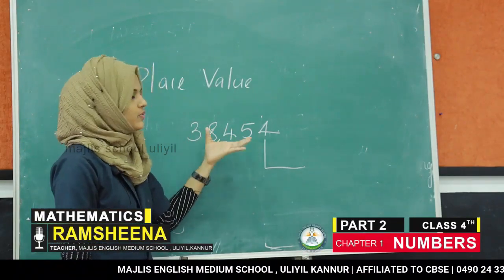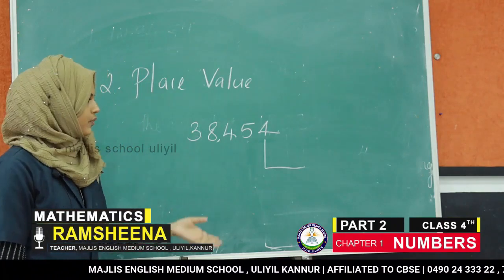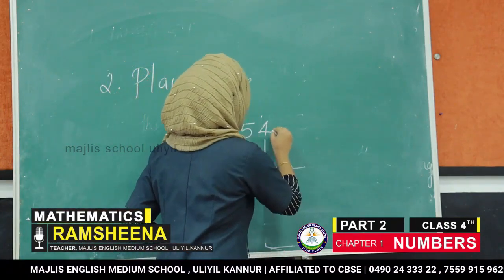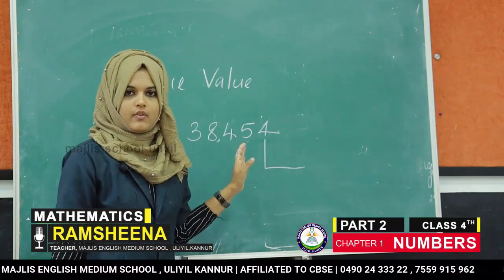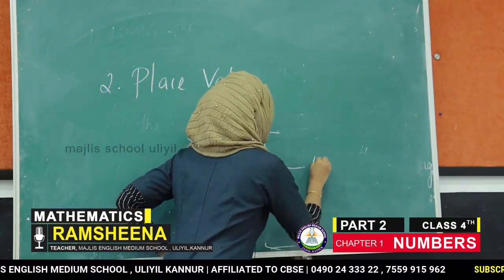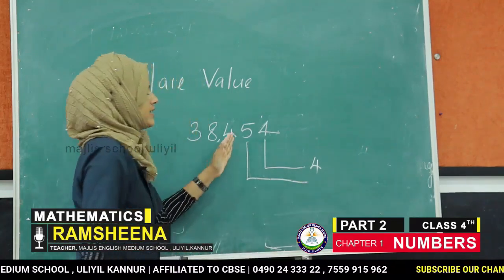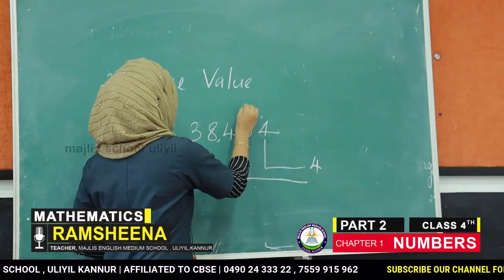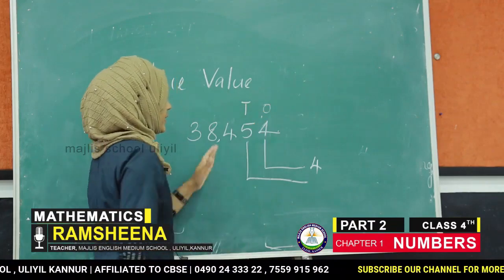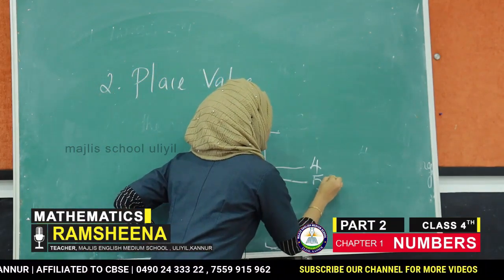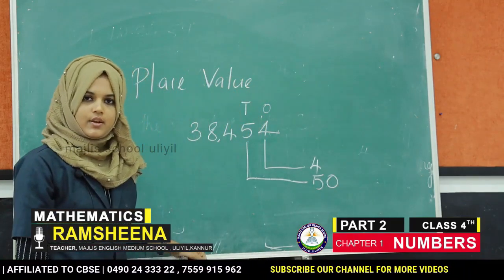First number 4. 4 stands in ones place. So the value of 4 is only 4. Okay. Then next 5. 5 stands in tens place. Then the value of 5 is 50.